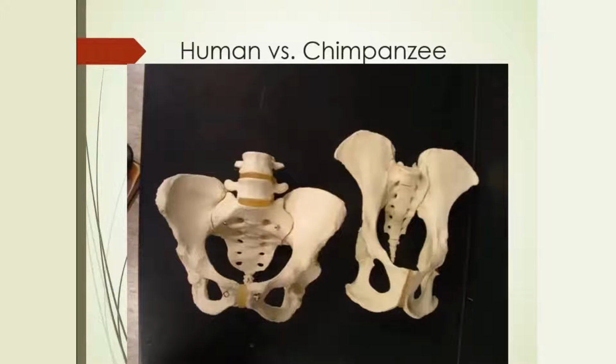So here's a great slide showing a comparison of a human versus a chimpanzee hip. Human on the left, chimpanzee on the right. So notice those iliac crests, right? A chimpanzee has a really tall and flat iliac crest. And you can see how the human looks a little bit more bowl-shaped. So this is all indicators of locomotion.